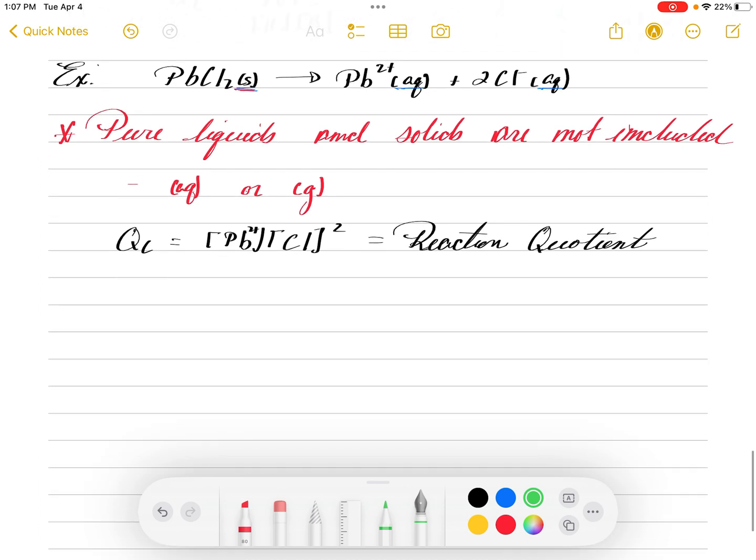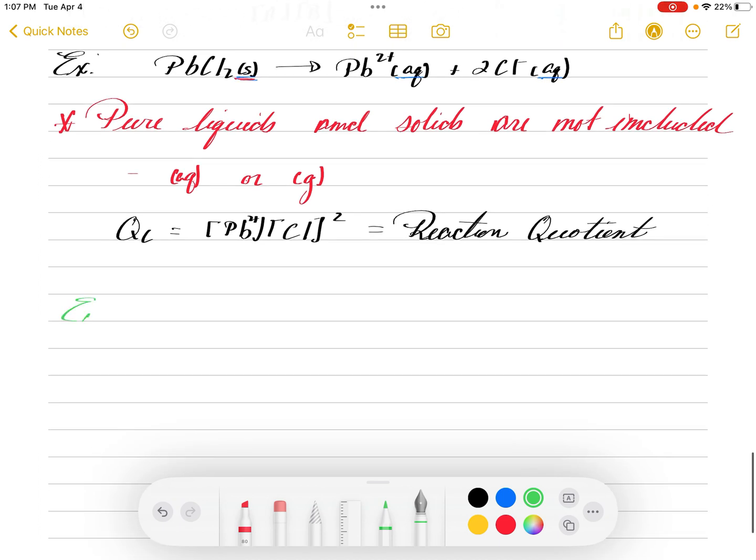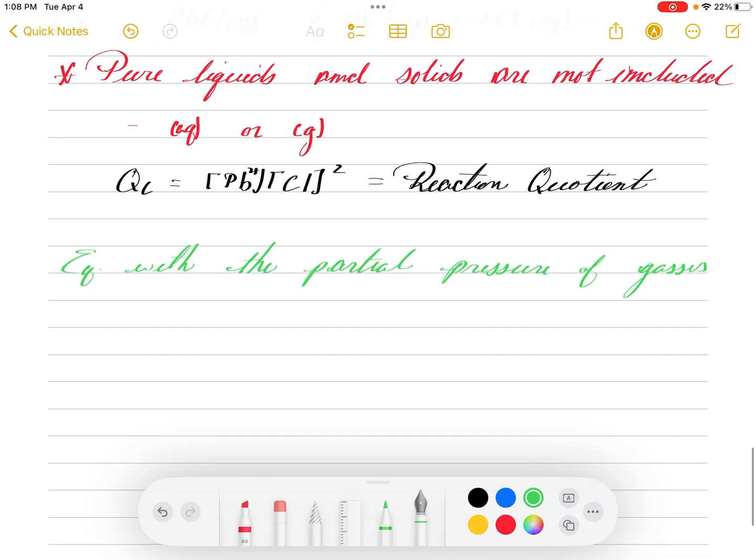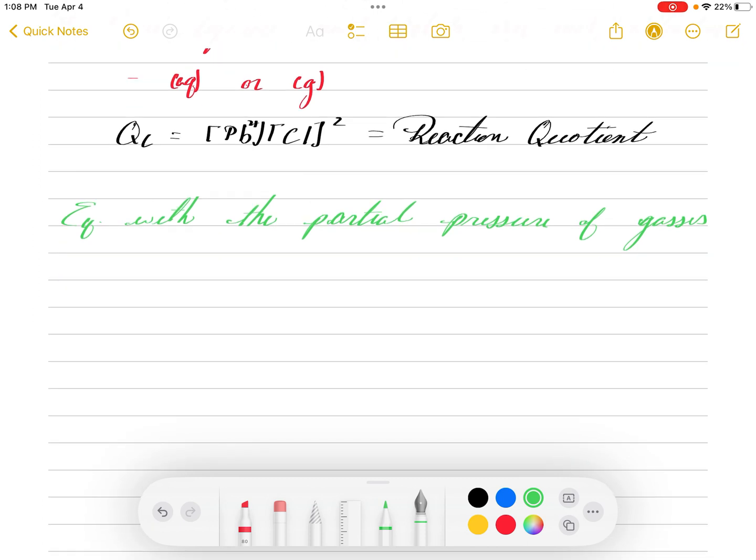Okay, let's see you're working with equilibrium with the partial pressures of gases. Okay, so in this situation, now we're talking about partial pressures. Now, to this point, here's what we got. We got that the Qc is the reaction quotient.